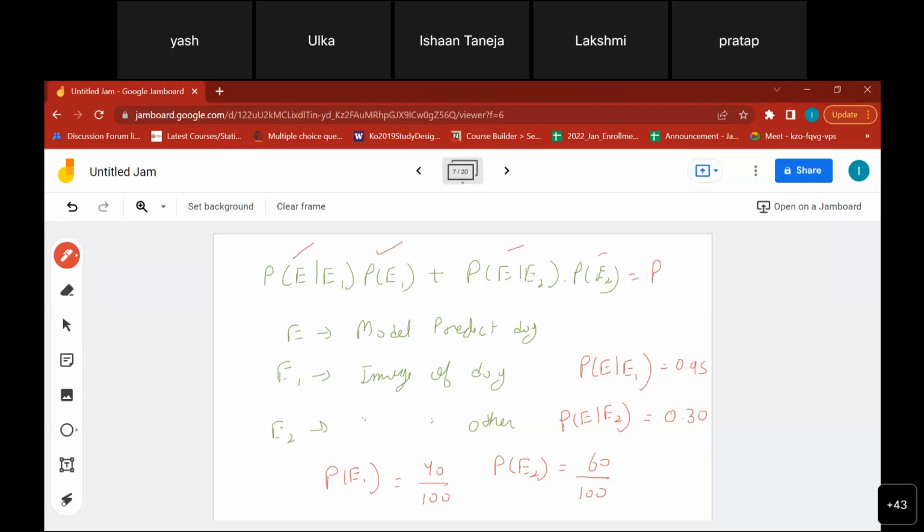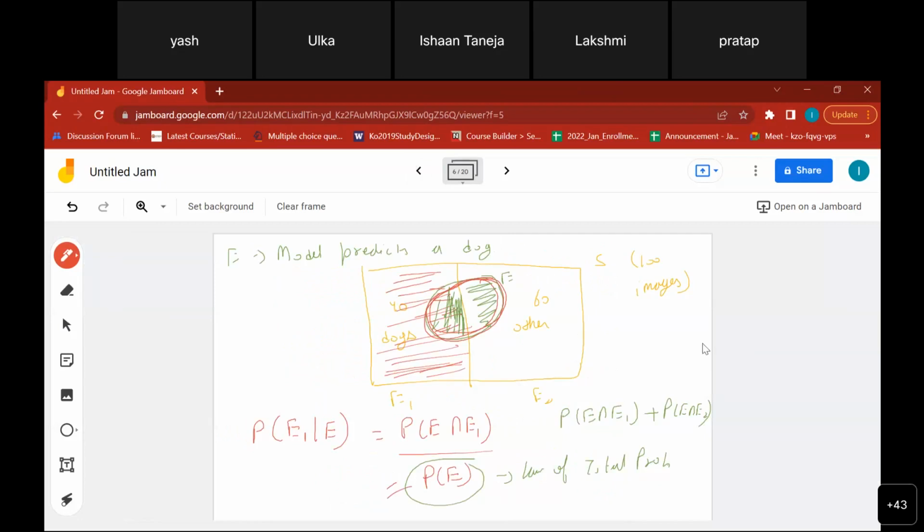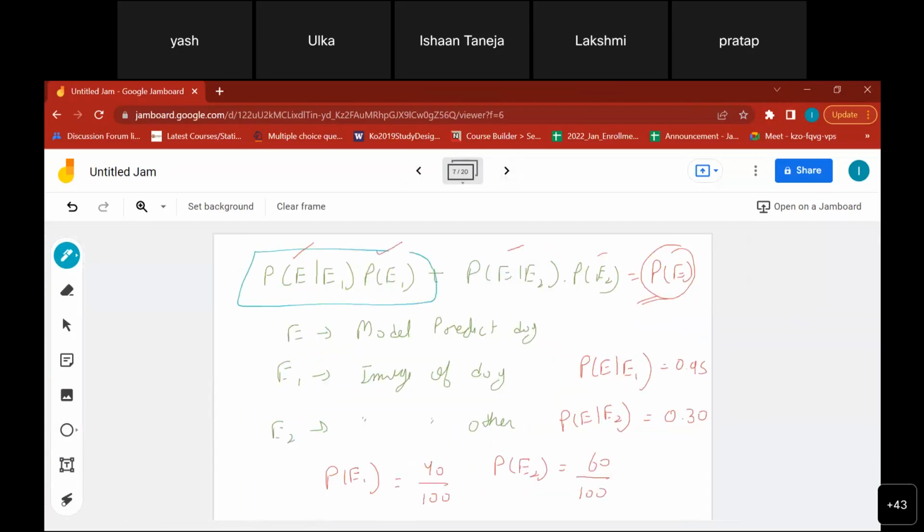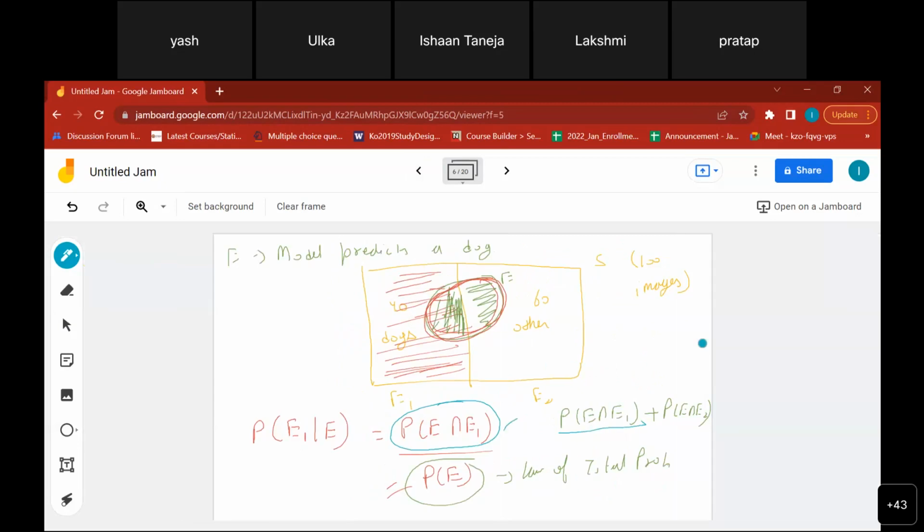So you know this value, you know this value. You get the value of the probability of E, right? We have the denominator part. For the numerator, we have just computed this value, right? This is my numerator, right? I know this value, I know this value, I can compute my numerator as well. And plugging in, we will get the final answer. Is this clear to everyone?